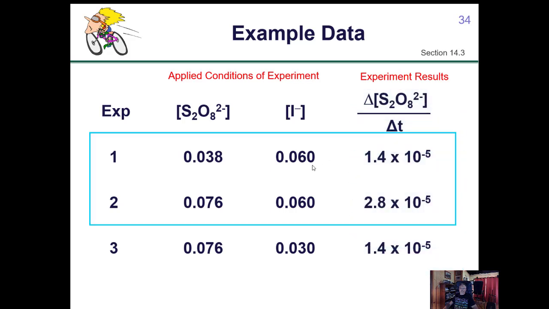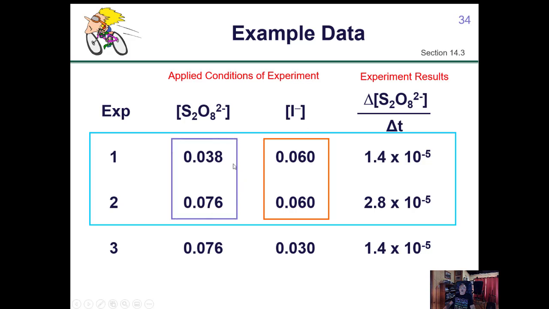So here's how we're going to do this. We're going to select 2 experiments where the concentration of one of the reactants is constant, so that it does not have an impact. And for us, that's going to be the iodide ion. So iodide is 0.060 for experiments 1 and 2. So it will not affect the rate because we haven't changed the concentration.